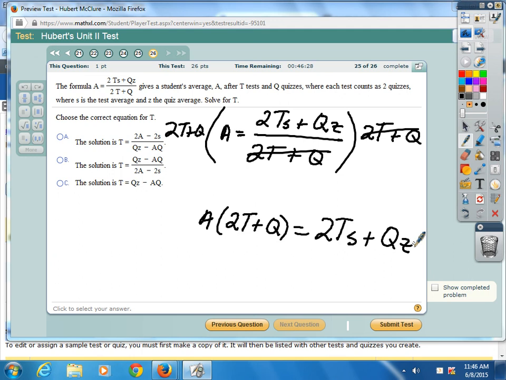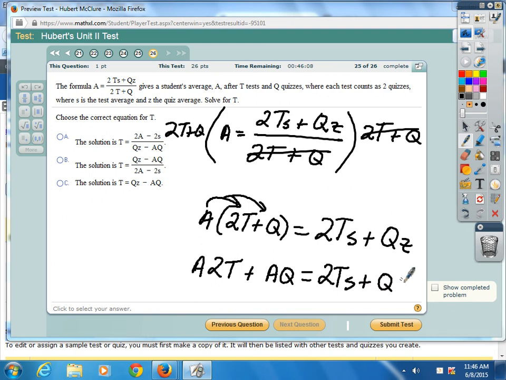Now what are we solving for? We're solving for T, so we got to bust up this block. A times 2T plus AQ is equal to 2TS plus QZ.